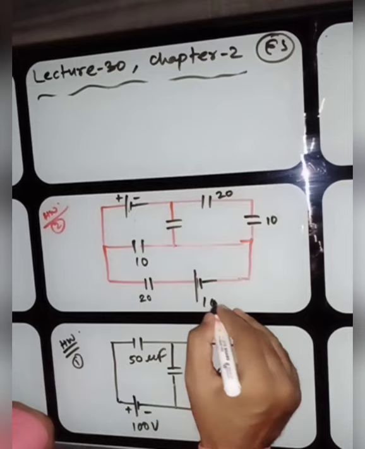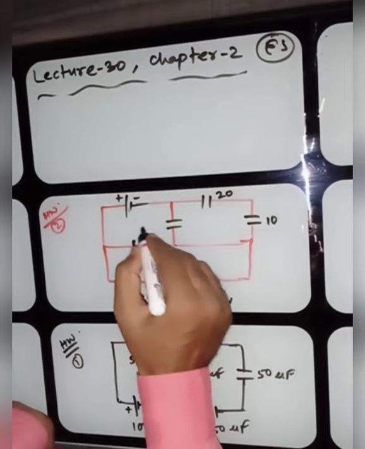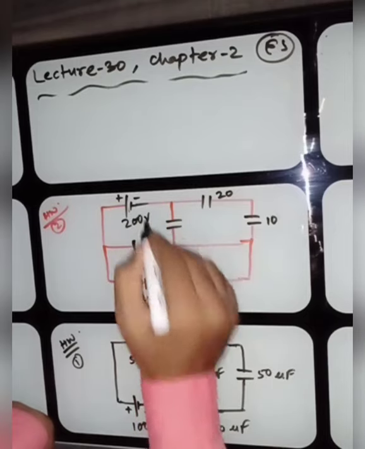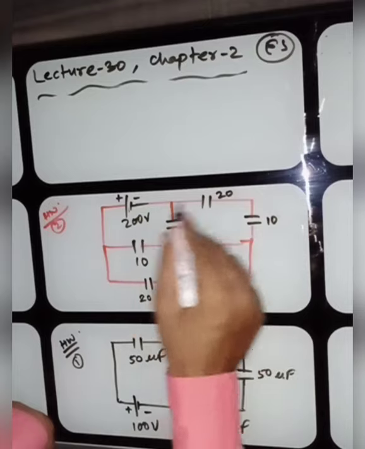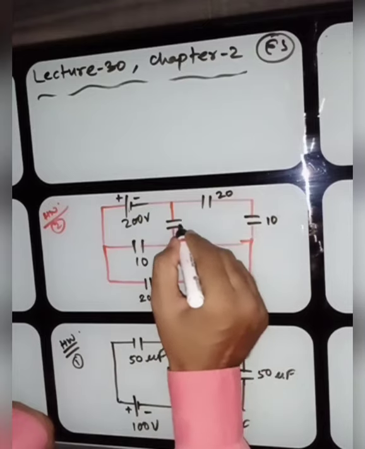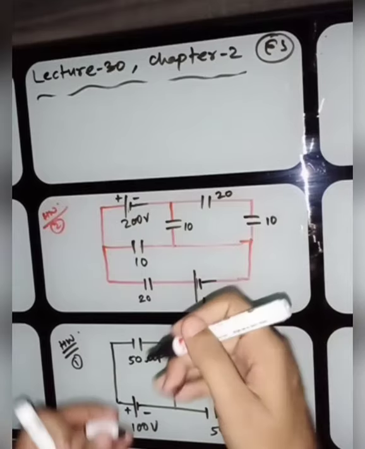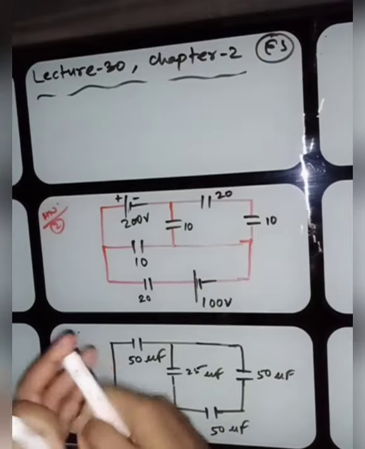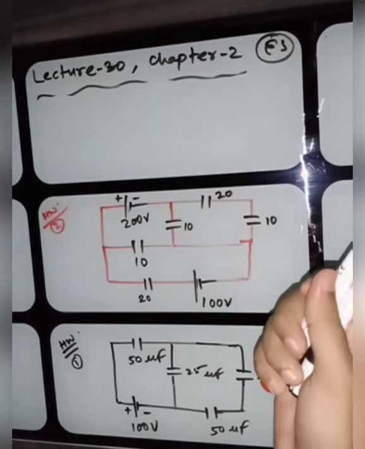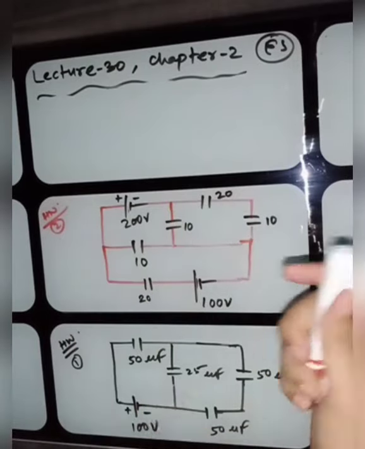Here the 100 volt. Here suppose it is 200 volt. The 100 volt. Okay, this one also, let it be 10 microfarad. You have to find charge on each capacitor and voltage across each capacitor.